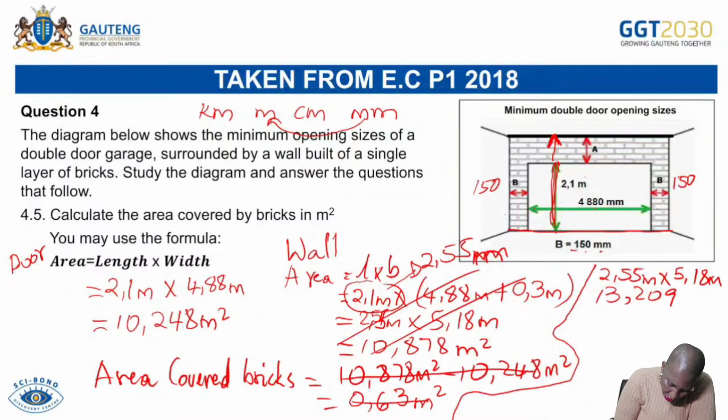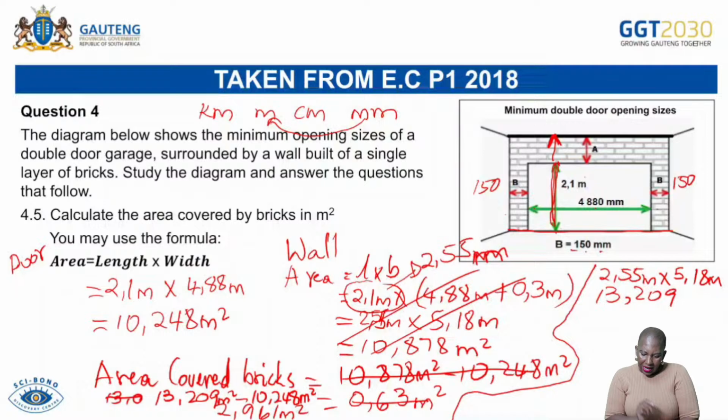So the area to be covered by bricks will be 13,209 meters squared minus 10,248 meter squared, and then the answer will be 2,91961 meter squared.